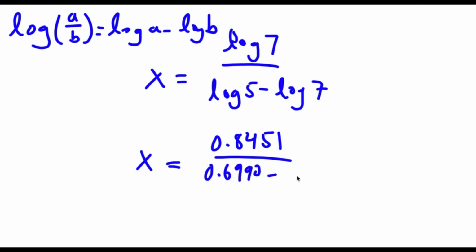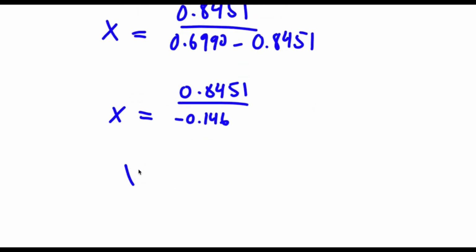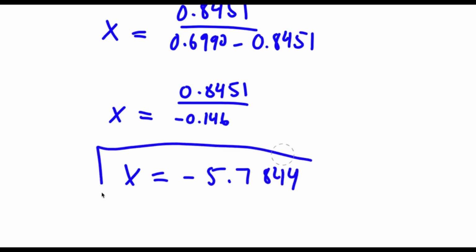And I have minus log 7 again, which is 0.8451. And this is actually equal to 0.8451 over negative 0.146. And if you divide these two, you get negative 5.7844. So this is our answer.